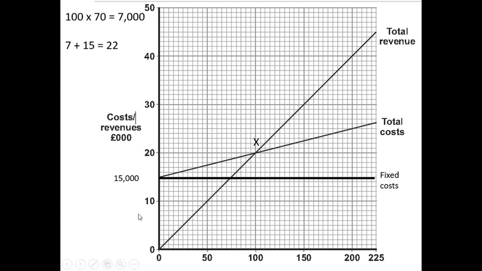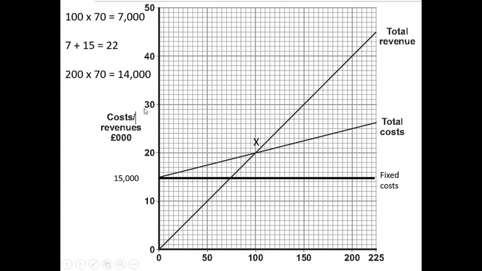my chart here. Now, to be honest, I could just go straight ahead and draw a straight line from there to there, and that would plot the new total cost line. But I just want to be on the safe side, so I'm going to plot a second point at 200. Now, when I'm catering for 200 parties and it costs me £70 a time, that's £14,000.